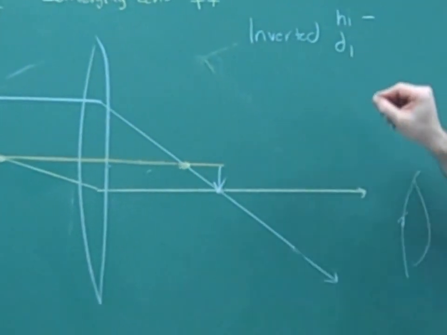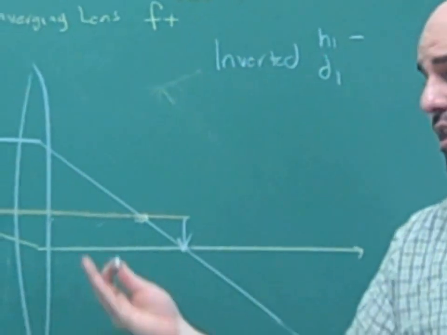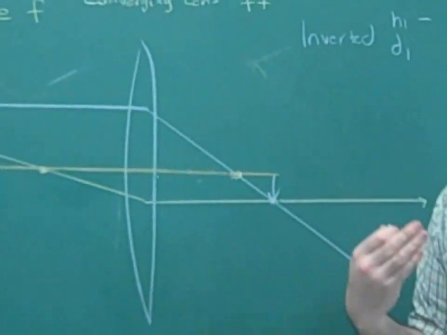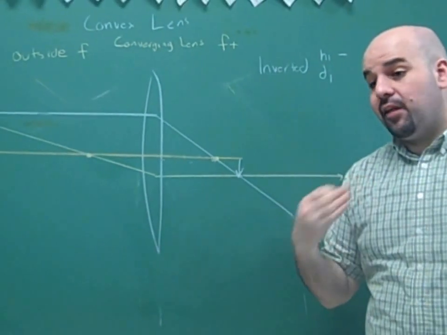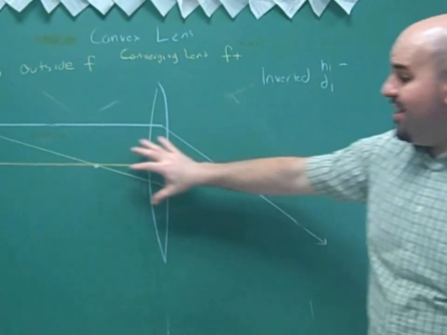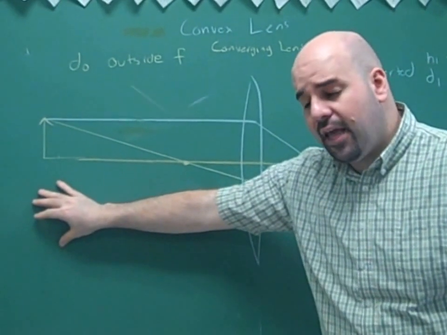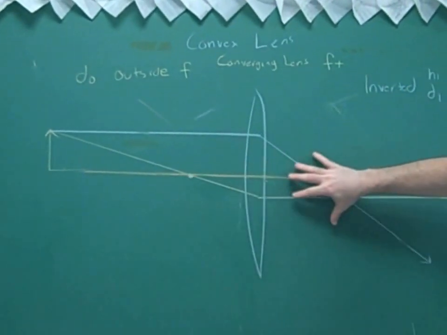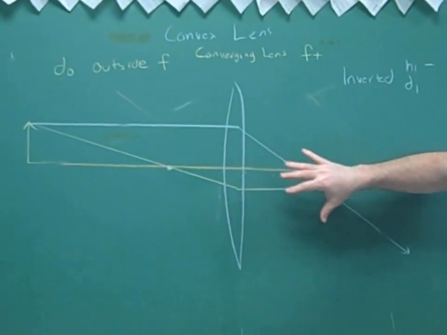And DI is, well, for mirrors, this region was negative because light should not go through a mirror. But a lens expects light to pass through. So for a lens, this side over here for images is negative DI. This side over here for images is positive.